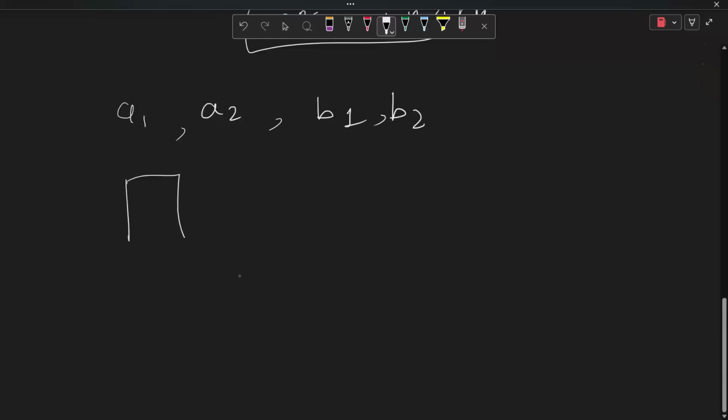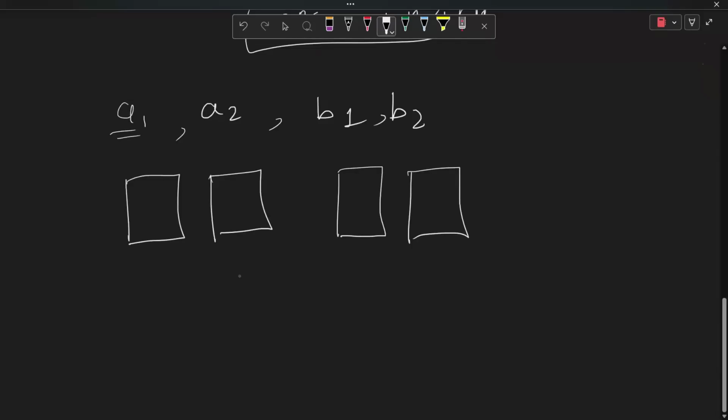Player one receives two cards, and player two receives two cards. That's what we are given. For the two cards that player one receives, the values on the faces of the cards are A1 and A2. Let's say this is player one, the first player, and for player two, the values are B1 and B2. That's what we are given.